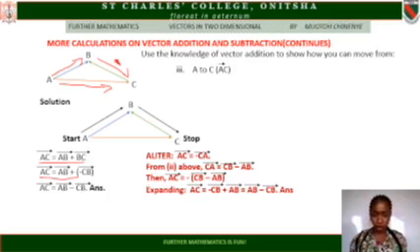Alternatively, you can simply do it this way. Since we have known the value of vector CA, and our vector CA as solved already is vector CB minus vector AB, for us to get vector AC, which you know is the negative of vector CA, we can simply say vector AC is equal to minus in brackets, vector CB minus vector AB.